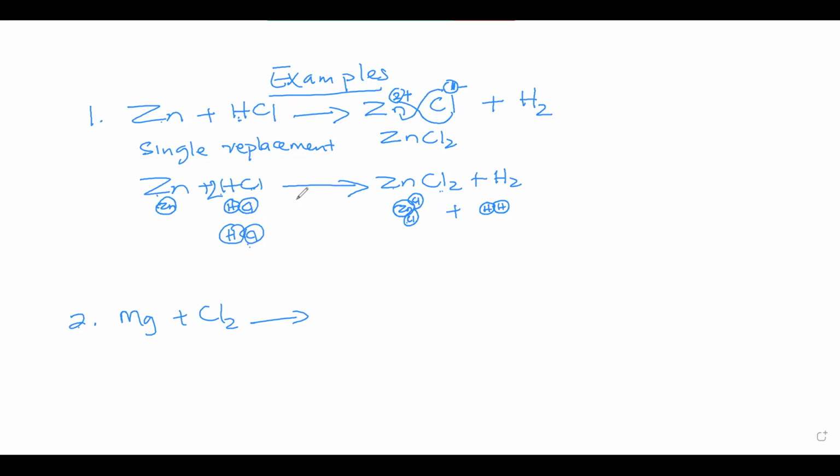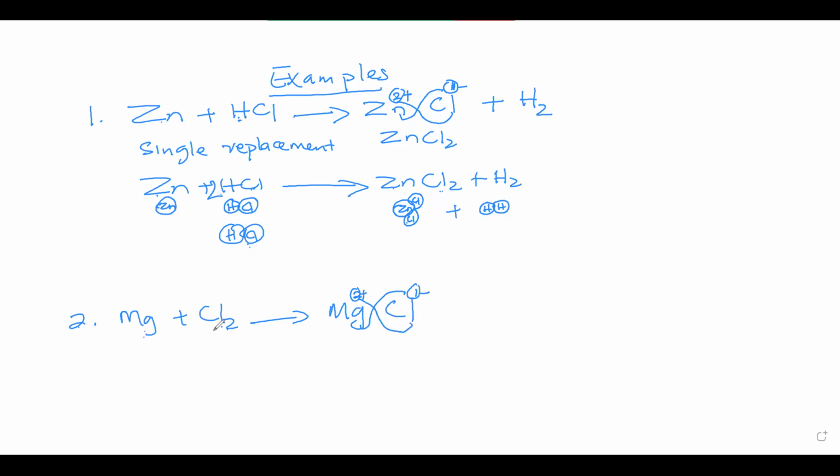Now, in this one, you have magnesium and chlorine. When you have two elements like this, you will form one compound. There's magnesium, there's chlorine. You have to do this. This is the cation, and this is the anion. You still have to go this way.